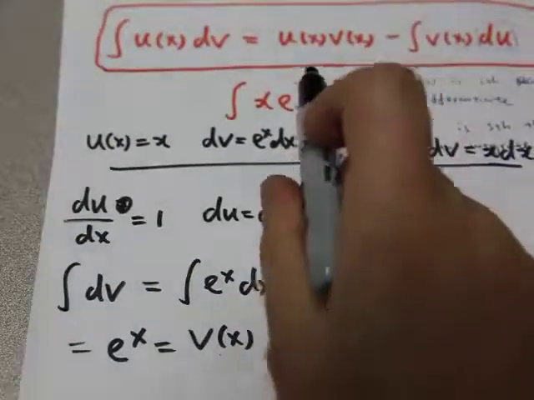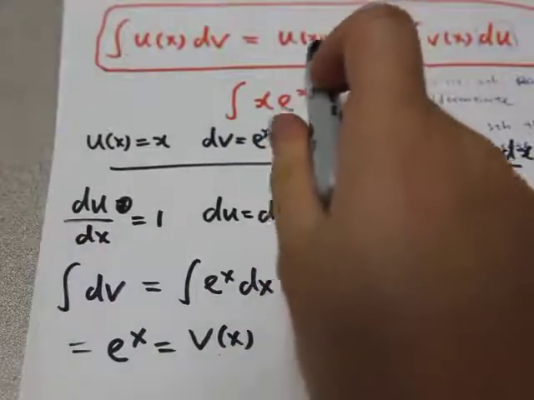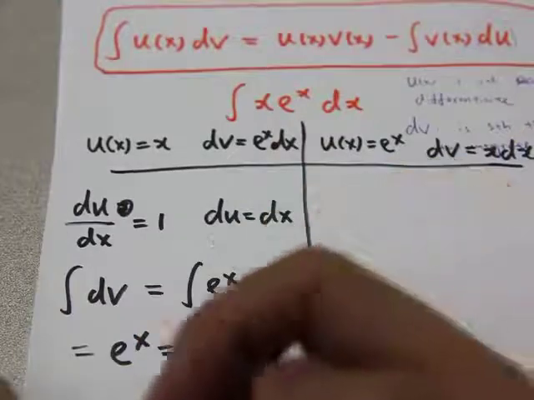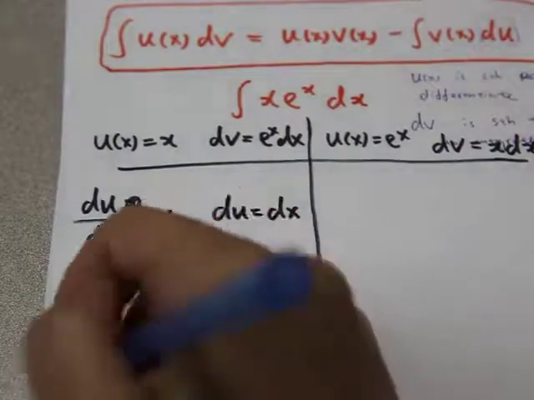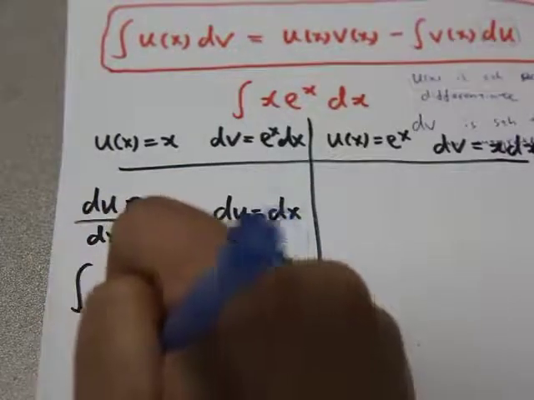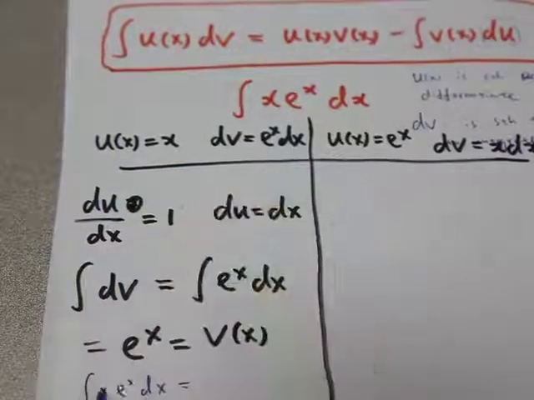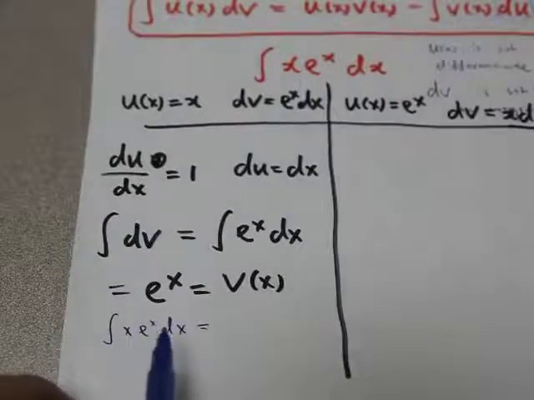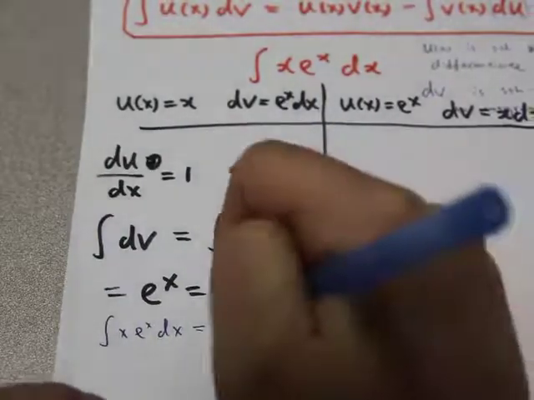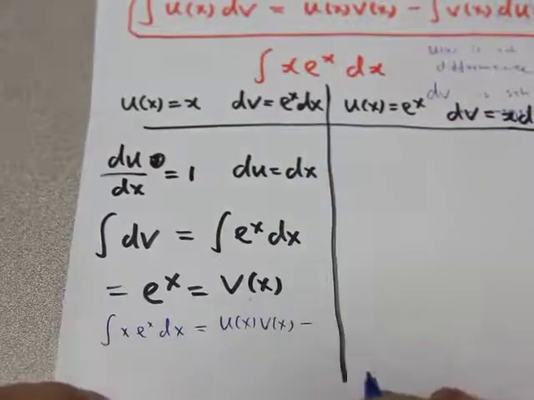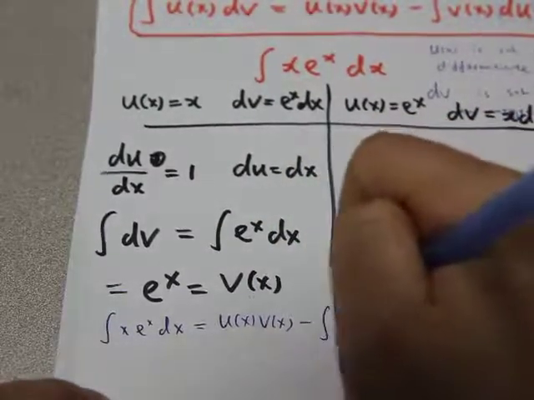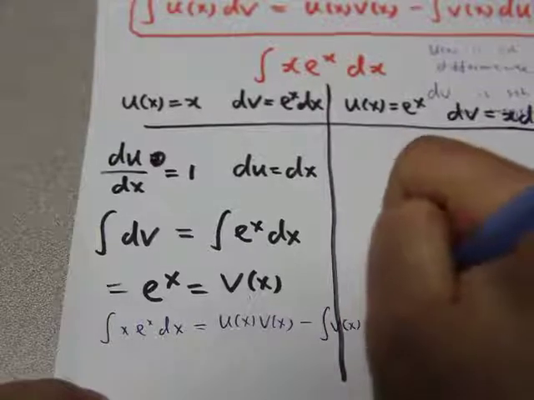So therefore, when we integrate x times e^x dx, the result equals u(x) times v(x) minus the integral of v(x) times du.